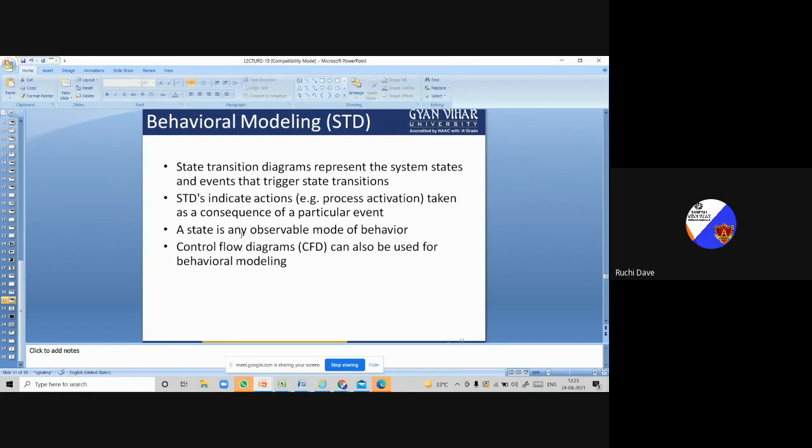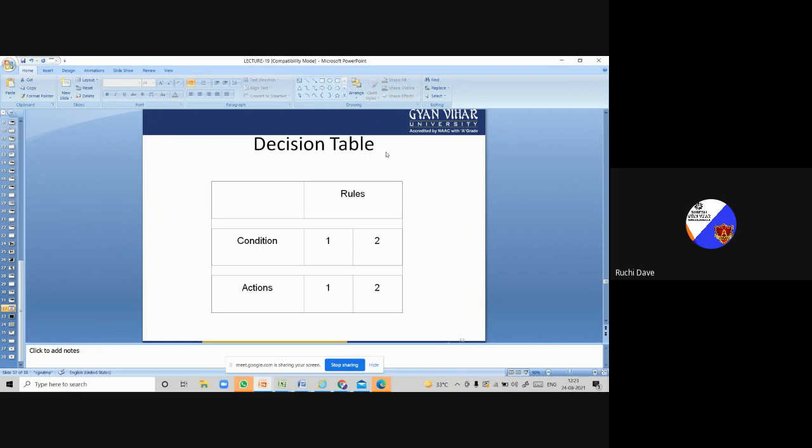Please remember this statement. What is a state? It is an observable mode of behavior. And control flow diagrams can also be used for behavioral modeling. So what can you use for behavioral modeling? Control flow diagrams.